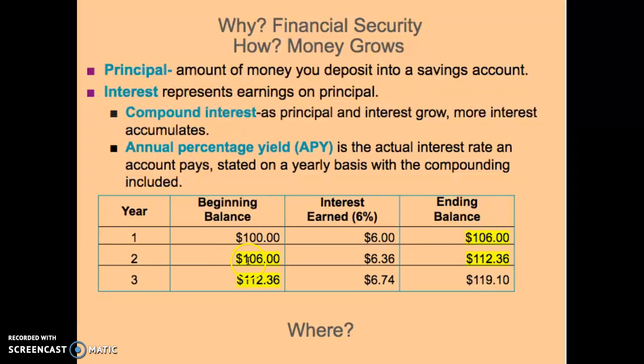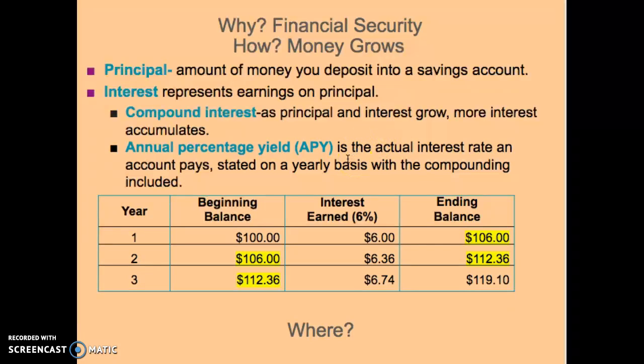And so it starts the next year on 106, and then it calculates the 6% interest on that, which gives you $6.36 interest, which then leaves you with $112.36. And again, instead of starting the next year at my $100 principal, it starts it with the previous balance. So compound interest is a great thing. It's principal that has interest growing on it, and it's interest on interest.